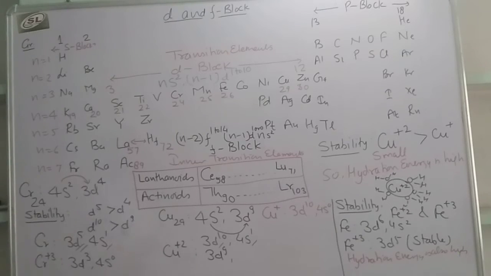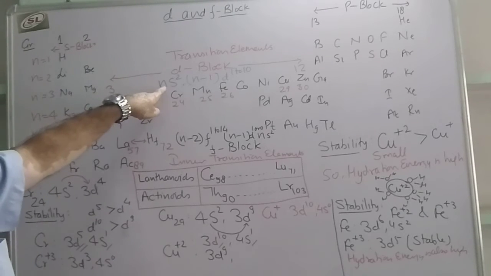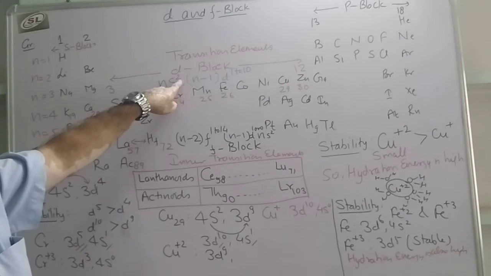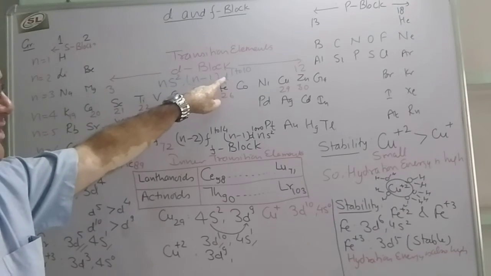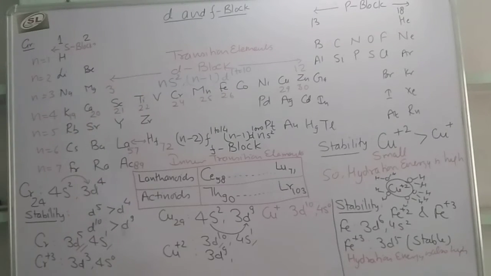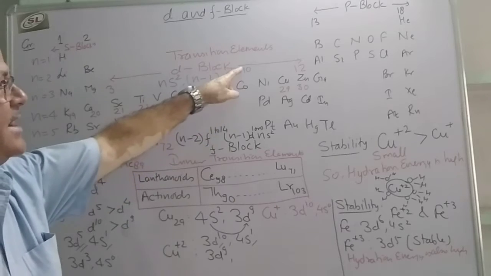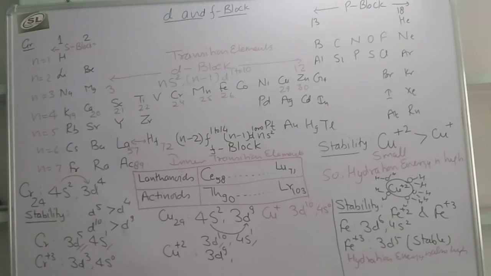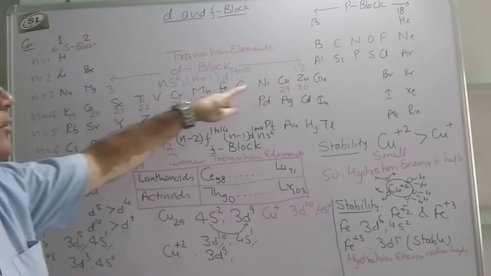The general configuration of a transition element is ns2, (n-1)d1 to 10. Somewhere it may be written ns1 or 2 or d9 or 10. That is because of two exceptional cases, chromium and copper.